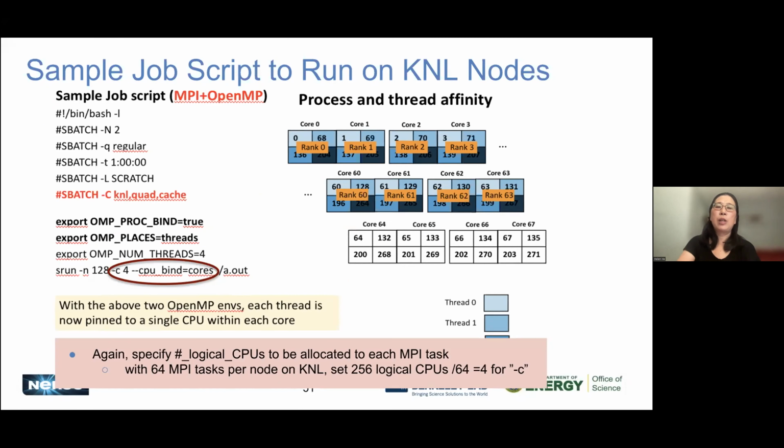On a KNL node, sometimes because you have 68 cores in total, and if you say you want to run 16 MPI tasks, we purposely do not use these 4 cores, because otherwise they won't be distributed evenly.